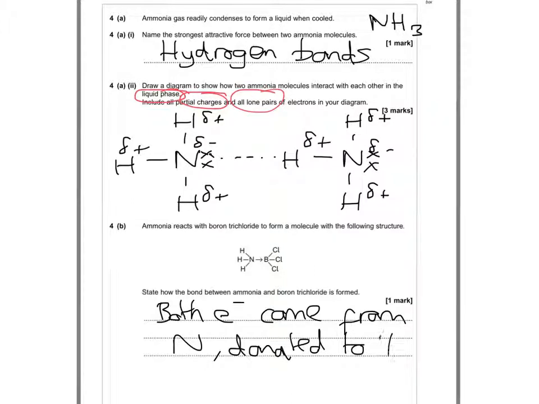So just saying it's a dative covalent bond is not enough. It's the idea of using the lone pair that is on that nitrogen, and that it's going to form a bond, but both electrons going from the NH3 to the B.